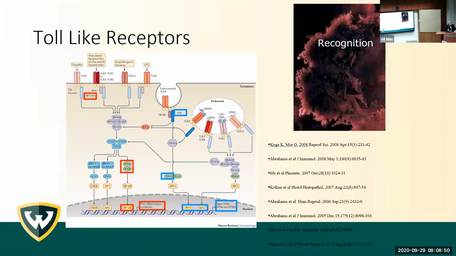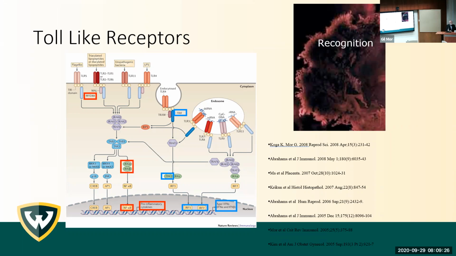As you may know, and just a quick summary, there are the extracellular receptors, TLR 1, 2, and 4, and there are the intracellular receptors such as TLR3, TLR8, TLR9. The extracellular will recognize soluble factors such as LPS, peptidoglycan, and so on. The intracellular will recognize when the microorganisms are inside of the cell, such as parasites or viruses.